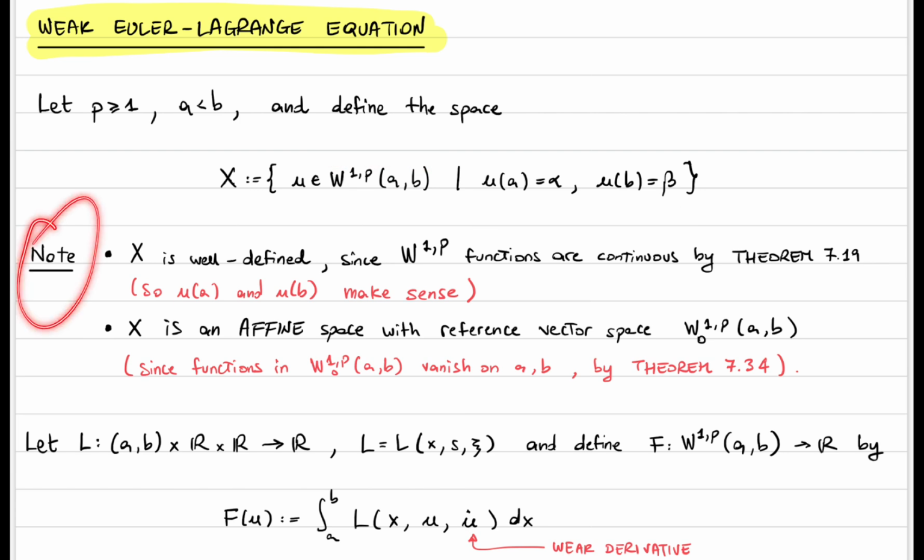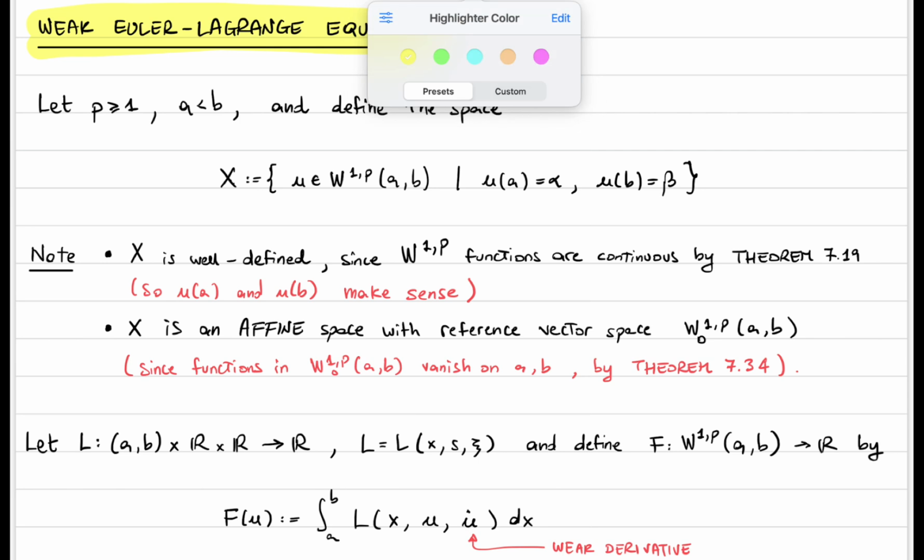So first of all, note that X is well defined, since we already know that functions in W^{1,p} are continuous by Theorem 7.19, and so it makes sense to evaluate u at points.